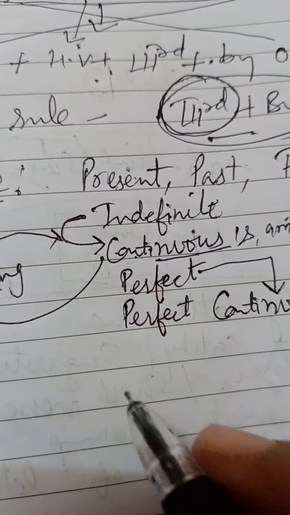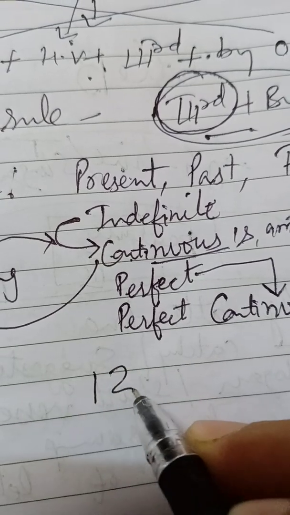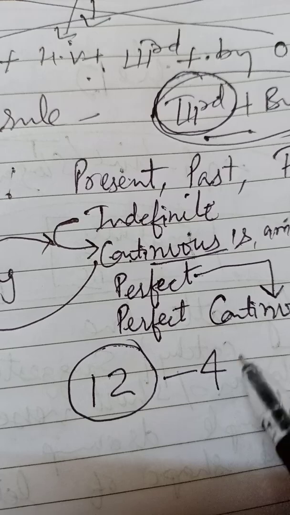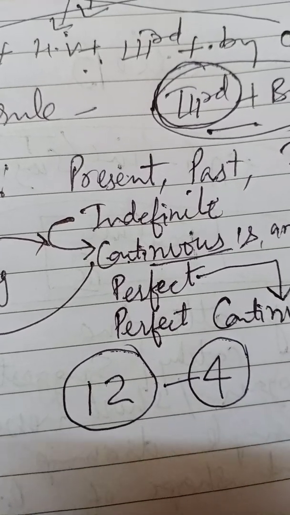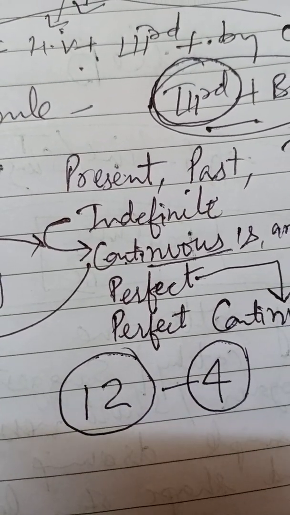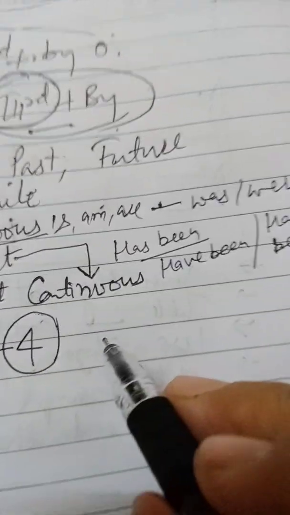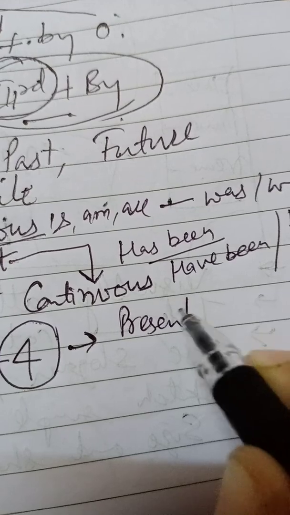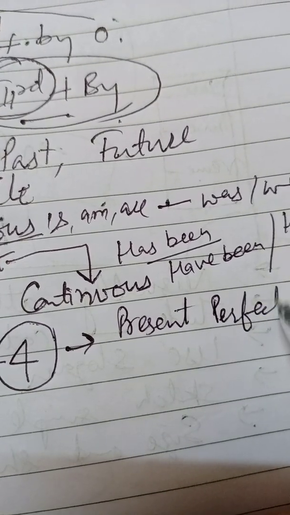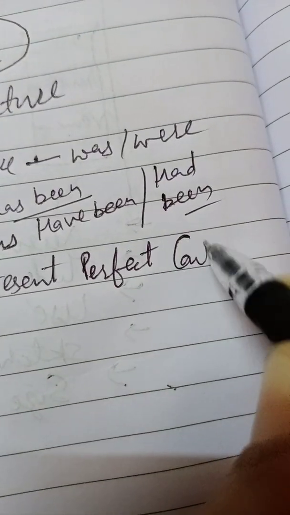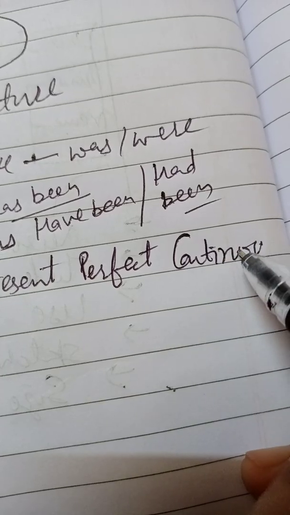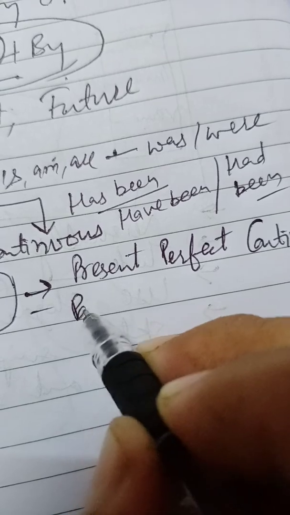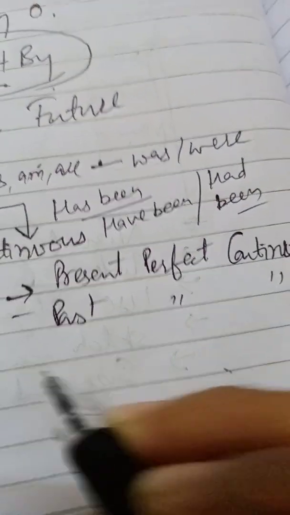And as we know that we have 12 tenses, and out of 12, 4 are the tenses which do not change into passive form. Like I just name them. First one is present perfect continuous. Second is past perfect continuous.